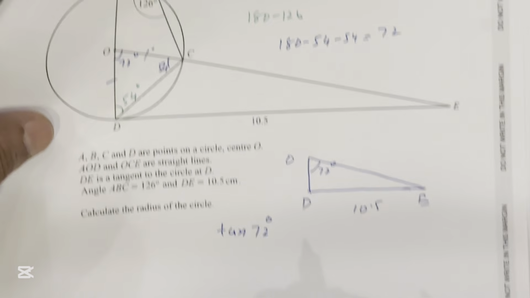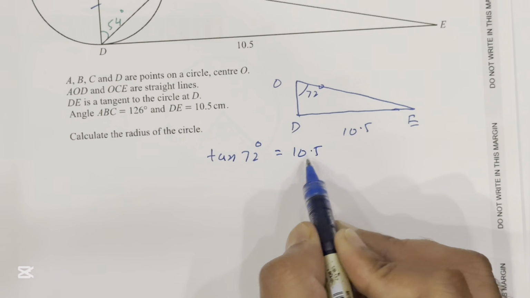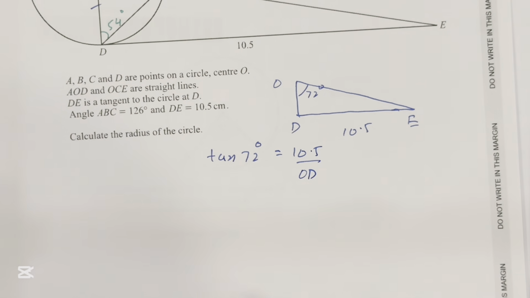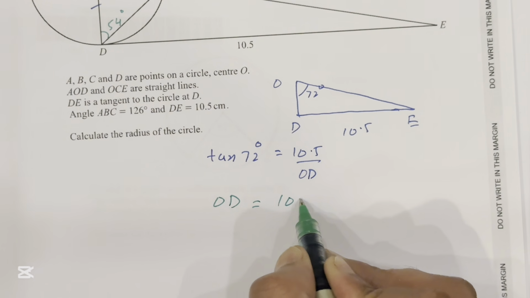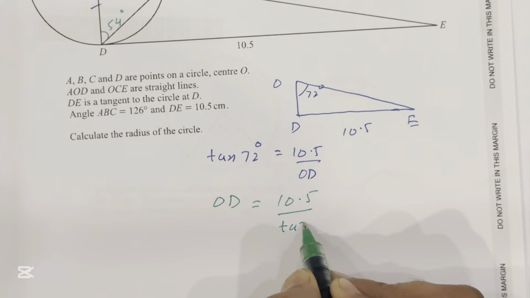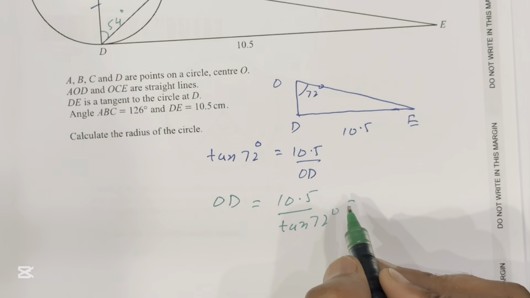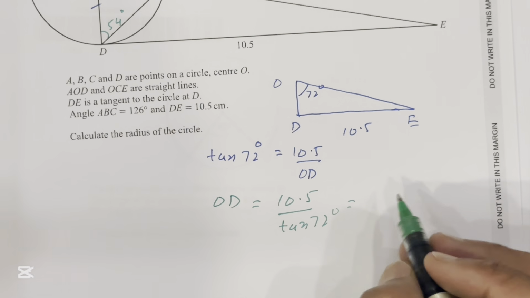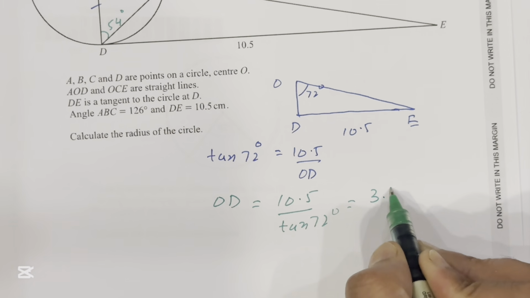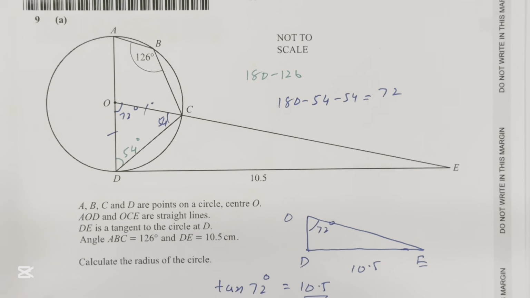Okay, tangent 72 is equal to 10.5 over OD, and OD would be equal to 10.5 divided by tangent 72. So this would be equal to 3.41 centimeters. So this is how we have solved the question.